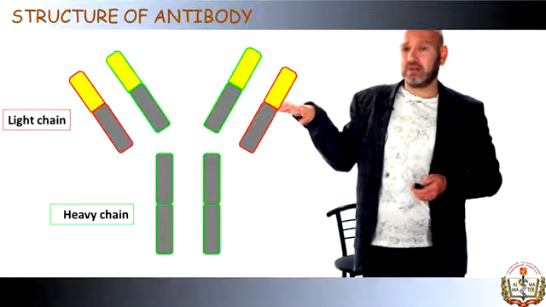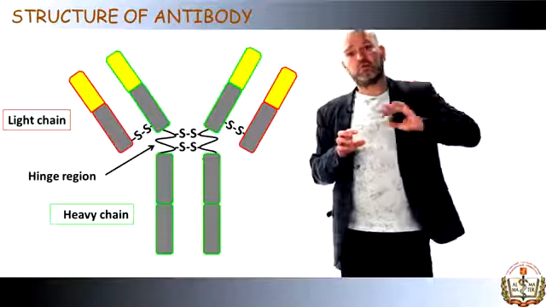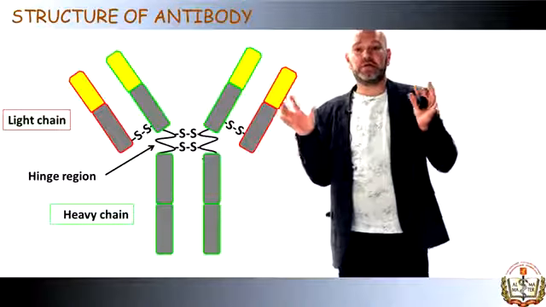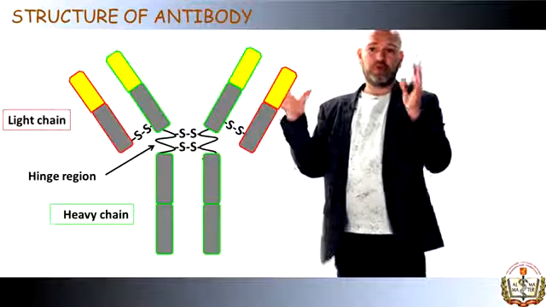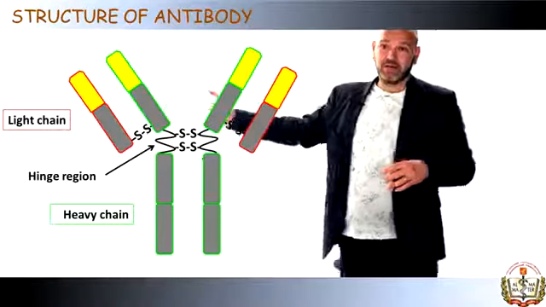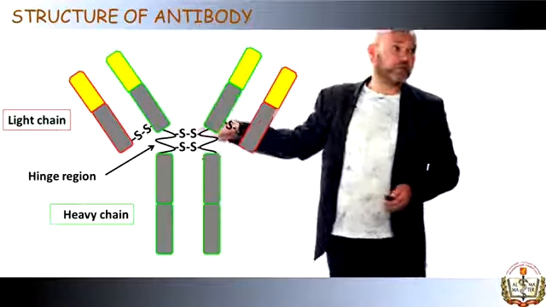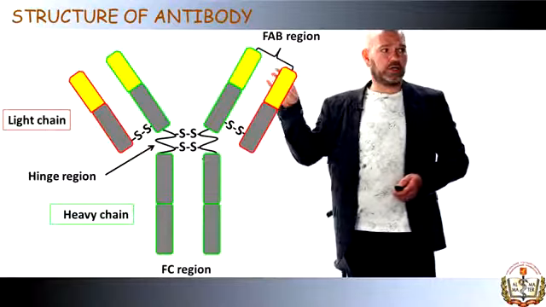Why again is it important? A little later. So all chains are connected together with disulfide bonds, and it is required to make the structure of the antibody flexible. That region is known as the hinge region. Two more regions are identified in the structure of the antibody.